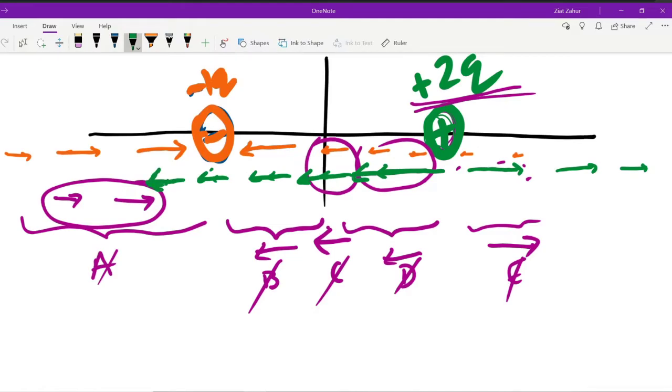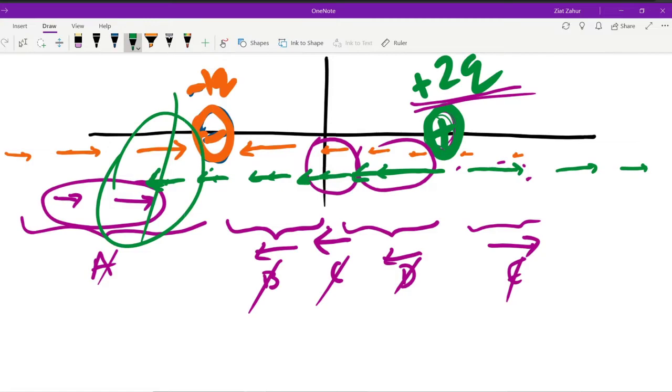And if they're twice as big, that means that you can cancel it out if you are over here to the left of the orange charge.